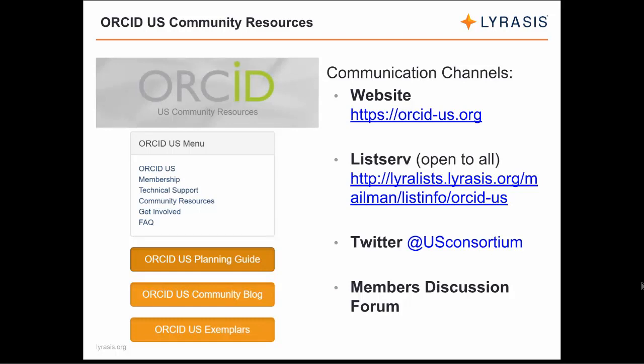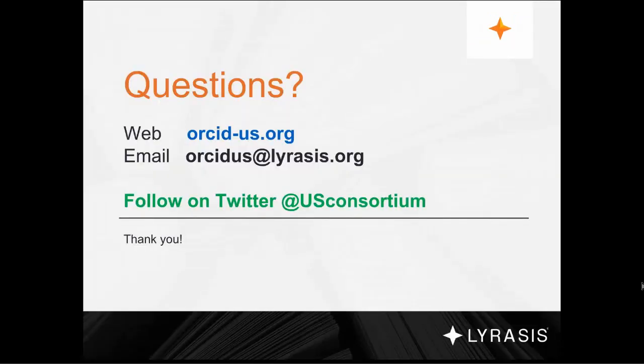We announce various events like webinars, if we'll be at conferences, or other exciting news about ORCID. All of this information can be found on the website at orcid-us.org. If your institution is a member, or if you want to become a member, you'll have access to the members discussion forum as well.